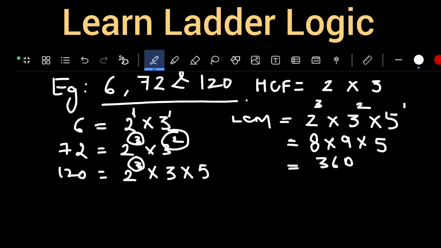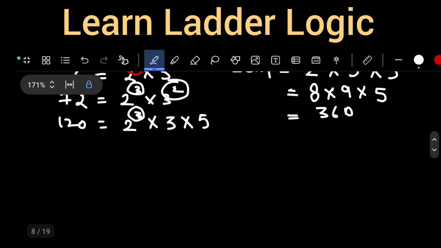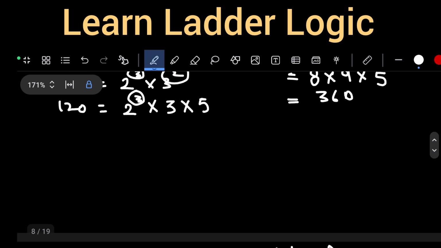The lowest power available for 2 is 1 and for 3 is also 1. So 2 into 3 is 6.